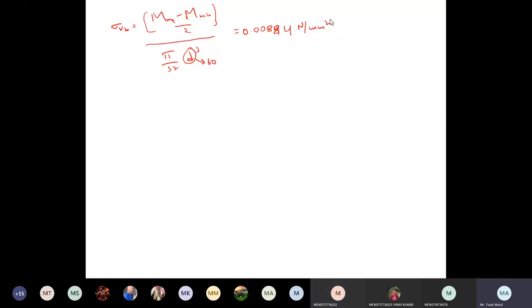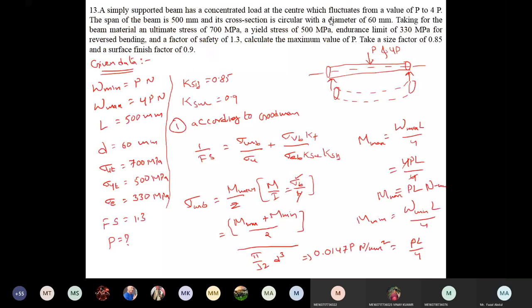Sigma V we got. In this equation, sigma mean B and the variable stress are calculated. For the Kf value, the notch sensitivity relation is used, but in the question the notch sensitivity and theoretical stress concentration factor are not given.